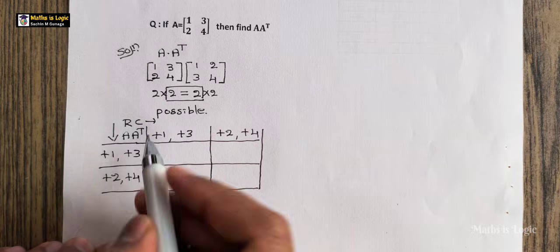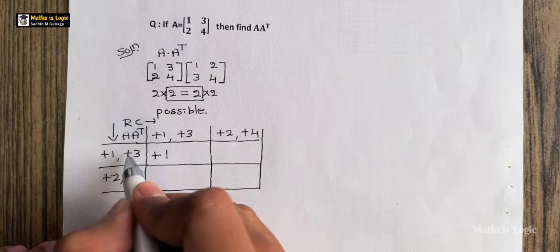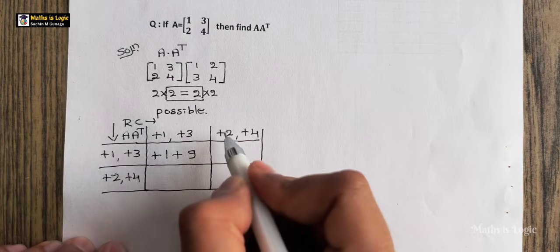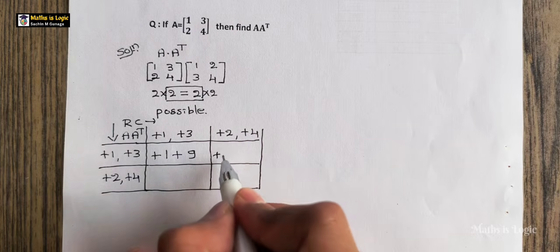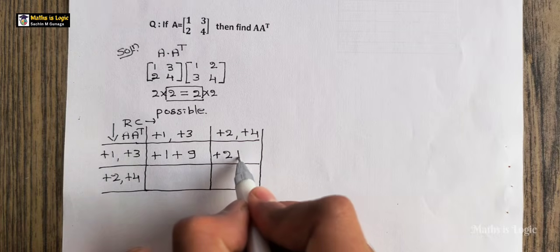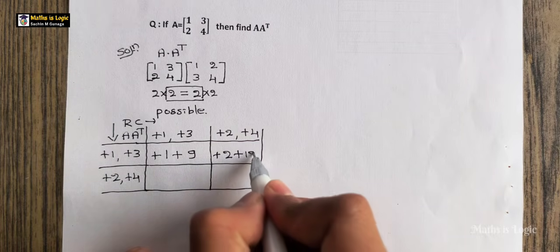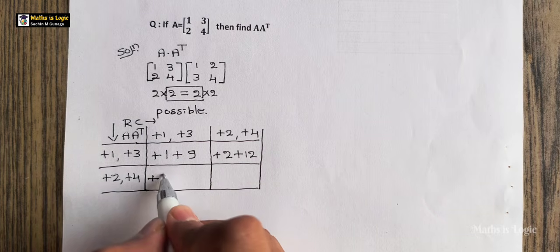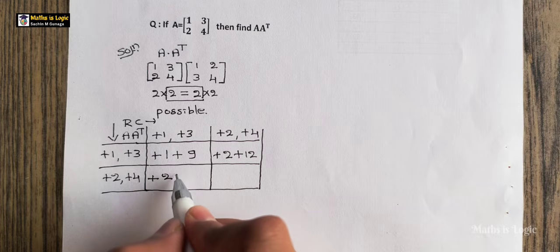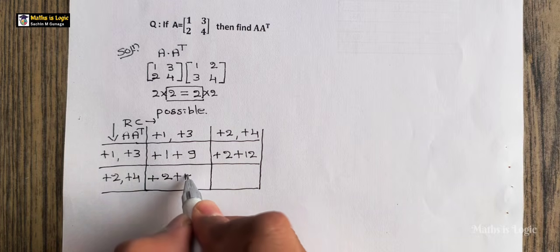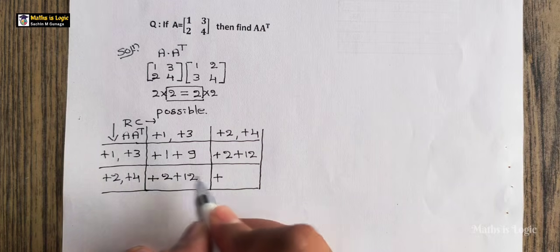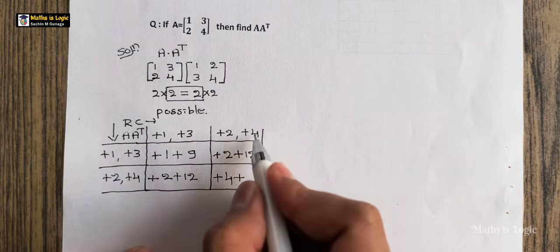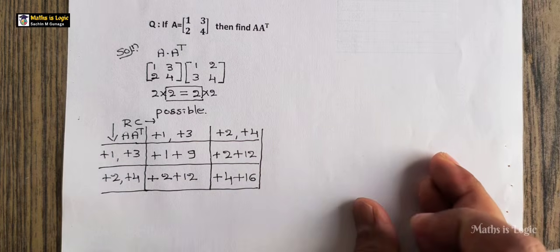Multiply plus into plus, plus 1 into 1 1, plus into plus plus 3 into 3 9, plus into plus plus 1 into 2 2, plus into plus plus 3 into 4 12, plus into plus plus 2 into 1 2, plus into plus plus 4 into 3 12, plus into plus plus 2 into 2 4, plus into plus plus 4 into 4 16.